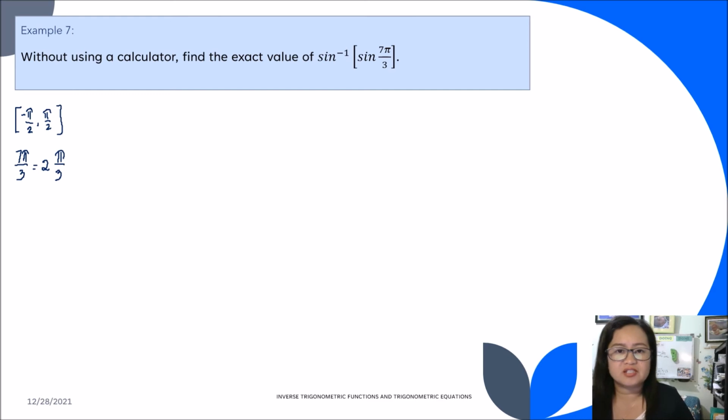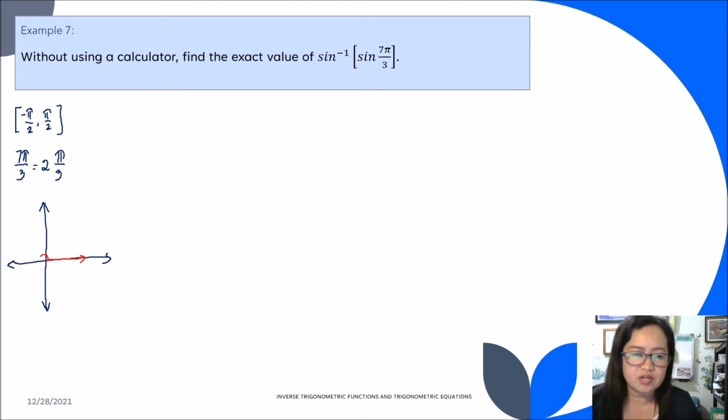In this case, we shall use reference angles. Let's determine the quadrant at which the terminal side of the angle lies. Now, the angle is in standard position. Now, 2 and pi over 3, 1 full rotation, then 1/3. So, therefore, the terminal side of the angle lies on the first quadrant.